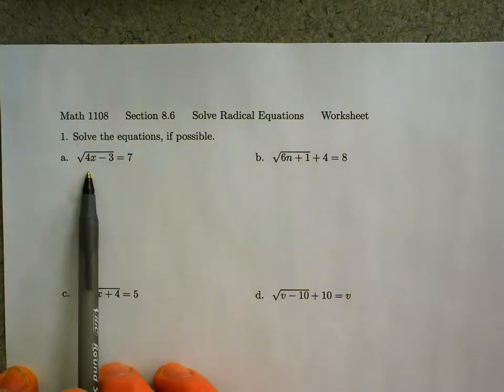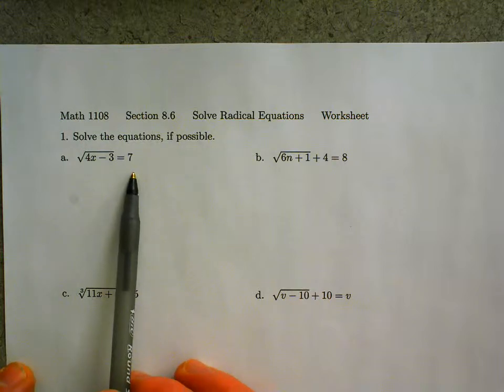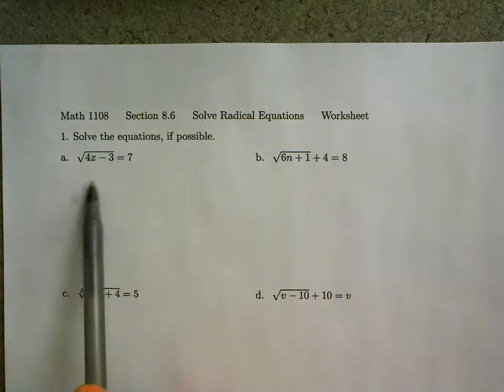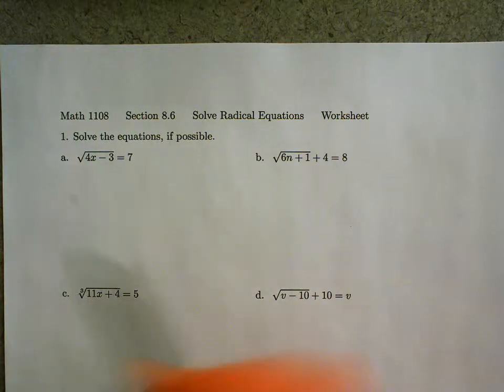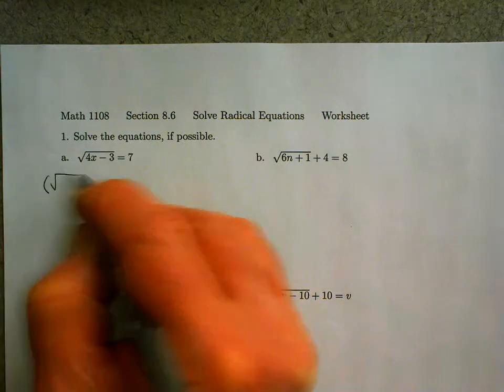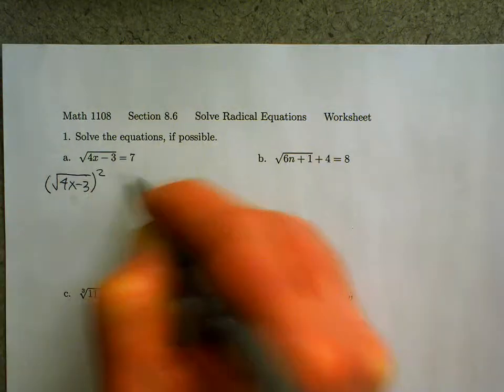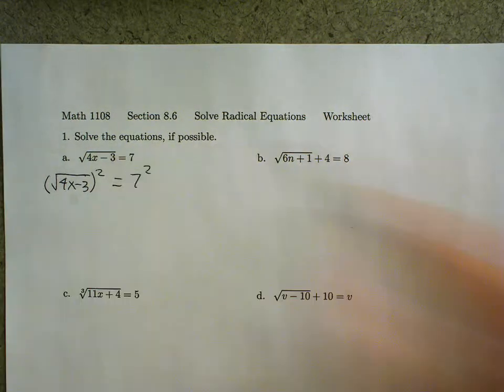To solve this equation, the square root of 4x minus 3 equals 7. Since the square root is isolated, we can begin by squaring both sides. So we square the square root of 4x minus 3, and we square the right-hand side.